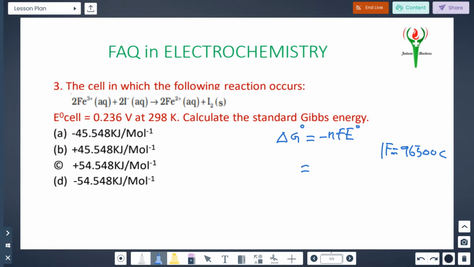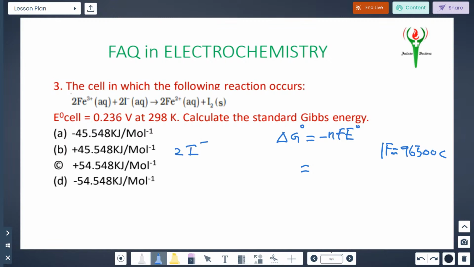the number of electrons transferred. To find the number of electrons transferred, you can take any two species given. I am taking this one: 2I- becomes I2.